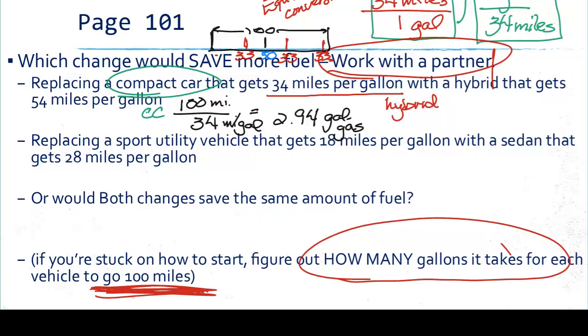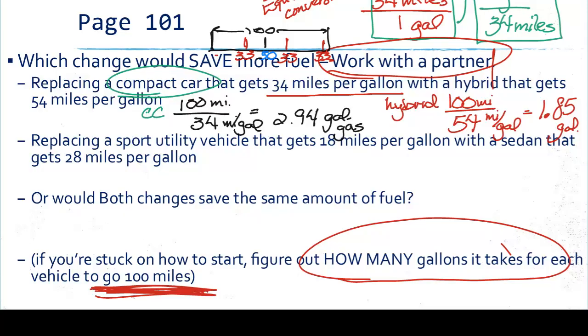So we would take 100 miles and we can go 54 miles per gallon. So that means when I divide, what do we get? 1.85. 1.85 gallons of gas.